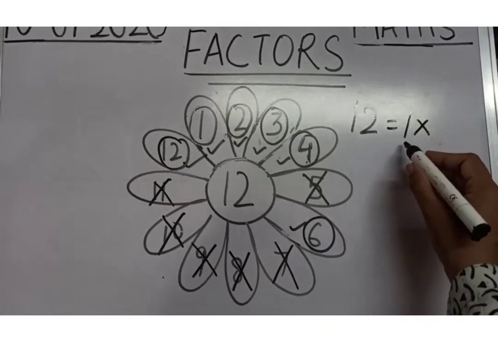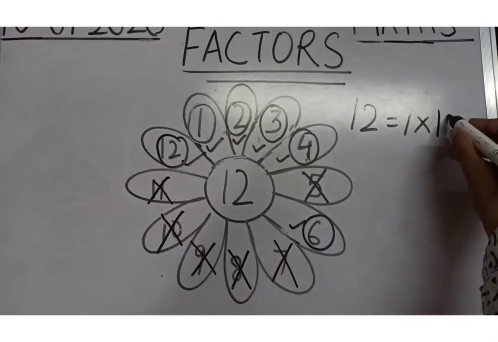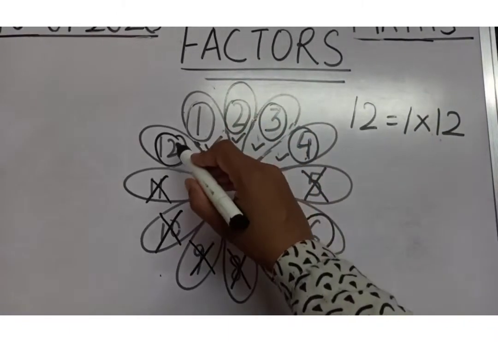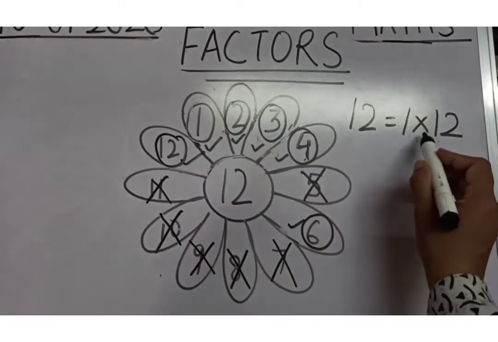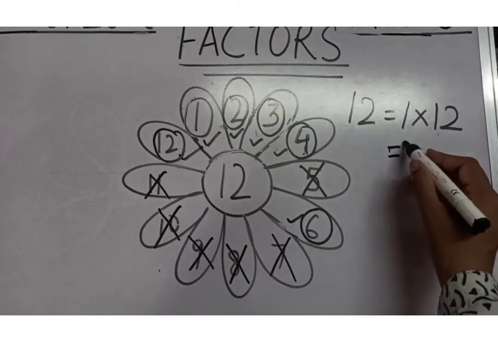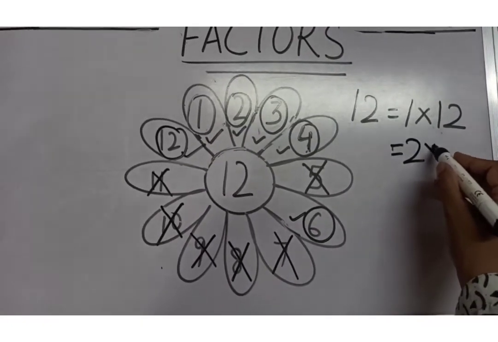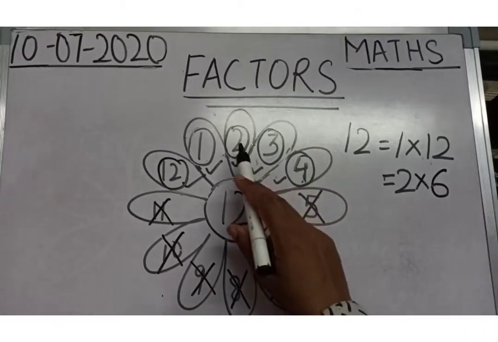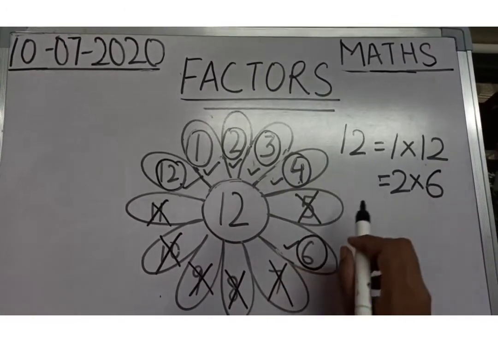And 1 multiplied by 12, I get the answer 12. It means these two factors I have already written together. What about number 2? Who is the partner of number 2? Yes, 6 is the partner of number 2. So, 2 and 6. Done.